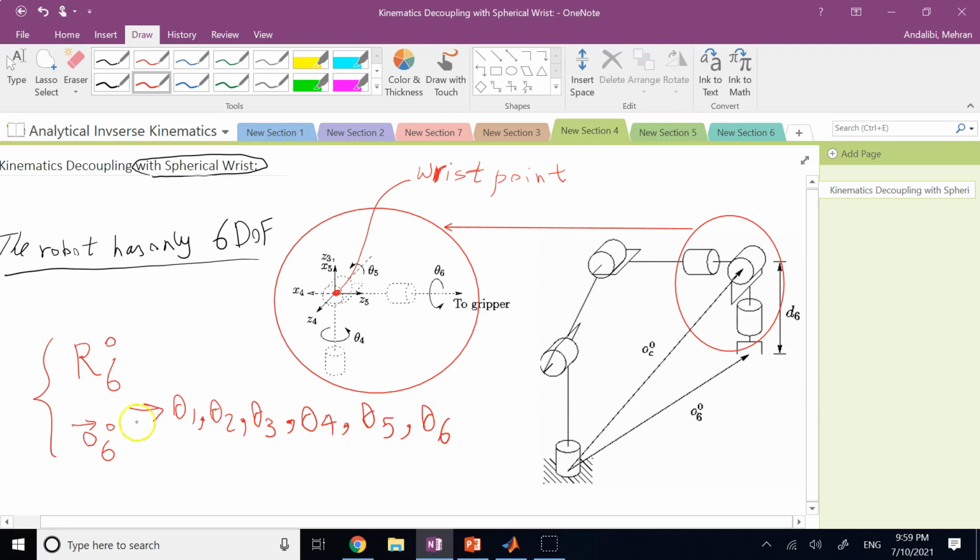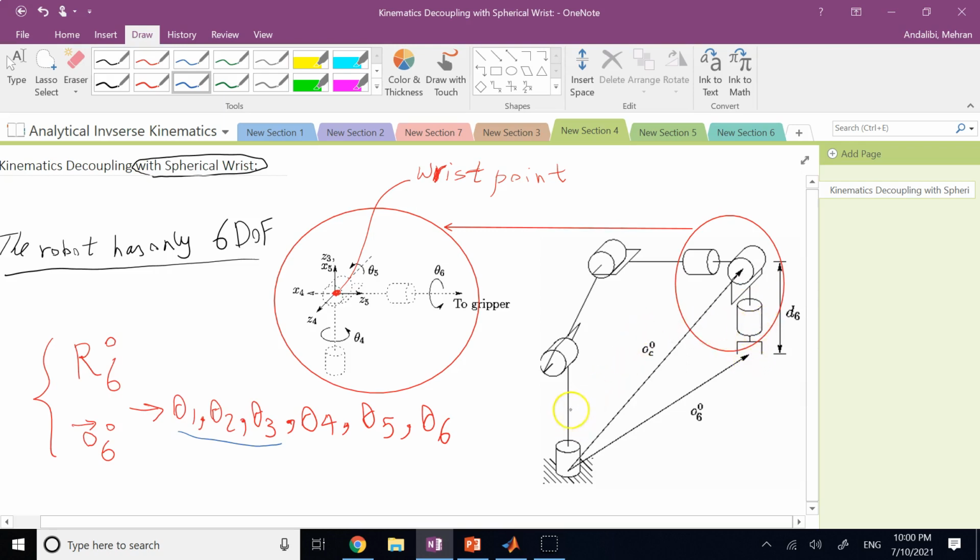Some of these parameters would affect, actually all of them in this case would affect the orientation. You can say that all of them would affect the position, but that's not necessarily the case. If it's a spherical wrist, for this robot, it's only the first 3 joints that would affect the position of the wrist point. Why?